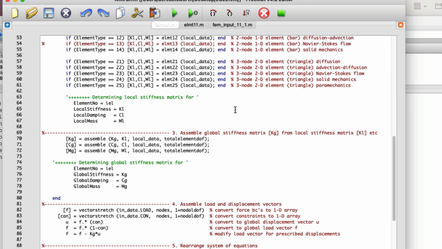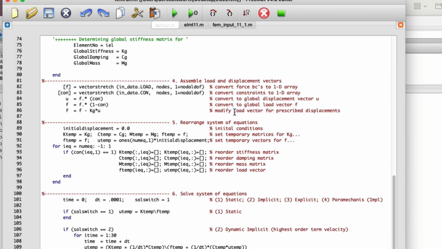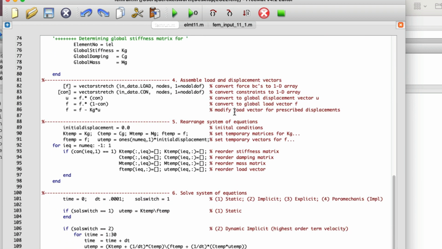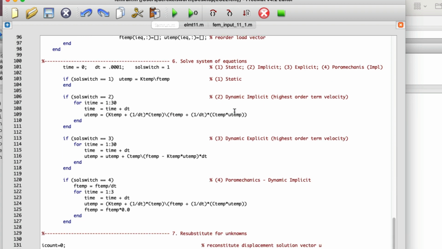It puts together a global system of equations, number 3. It puts some boundary conditions on them, item number 4. It rearranges those. It does that all for you if you put in the right data, number 5. It solves the system of equations, and then number 7, it spits out the results. So that's what it does. And it's 150 lines of code, very compact, you can understand.